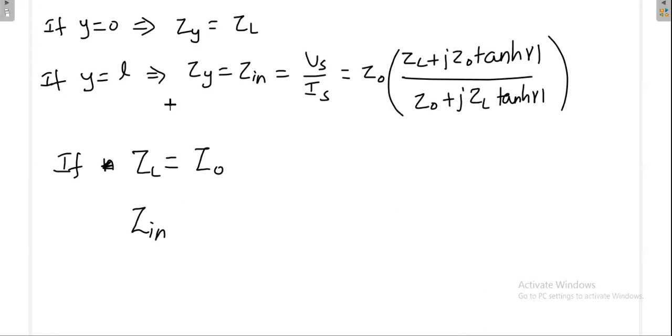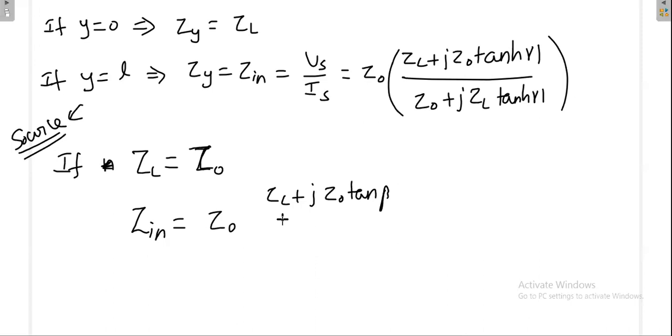If in the above equation, whenever y is equal to L, you are at the source. When you are at the source, you put the load impedance equal to Z0, then what will happen? Zin is equal to Z0 times (ZL plus j Z0 tan beta L) divided by (Z0 plus j ZL tan beta L).